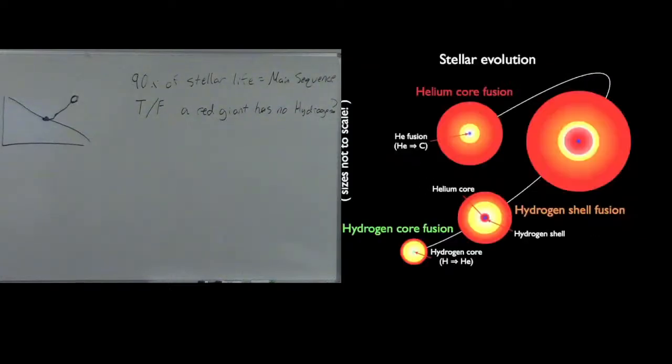Here's another schematic of the different layers you would have at different times after the main sequence lifetime of the star. You would have hydrogen fusion in the core, that's hydrogen and helium. Then you'd have a helium core after the main sequence lifetime. A hydrogen shell develops around that, and that causes the outer layers to expand to a larger size. Eventually, that shell fusion causes the star to expand to such a large size that it's extremely high in luminosity.